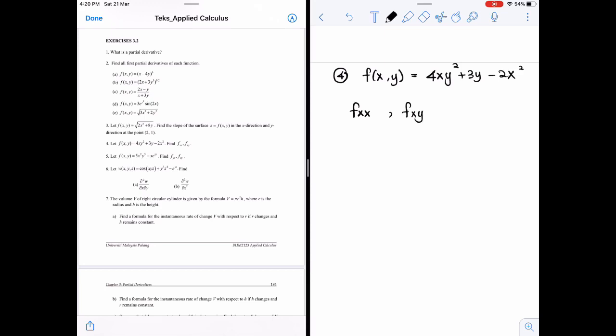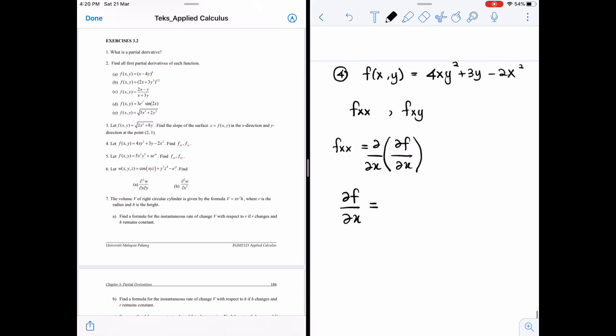fxx means the differentiation of f with respect to x 2 times. So we need to find the differentiation of f with respect to x, then we will differentiate it again with respect to x. Now we have f equal to 4xy squared plus 3y minus 2x squared. We need to find del f del x. We differentiate with respect to x, and y will be a constant.